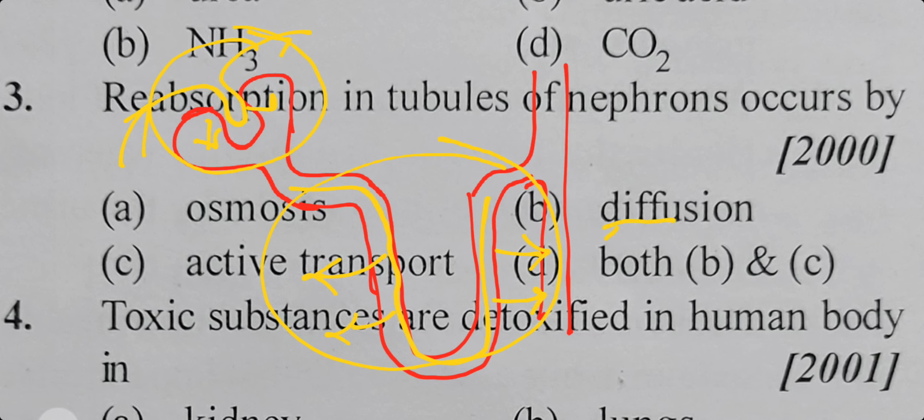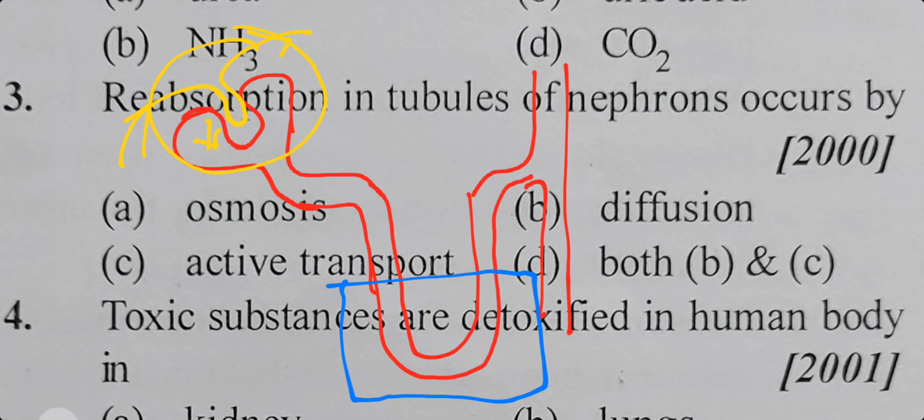When diffusion takes place, molecules move from higher concentration to lower concentration, that is simple diffusion, through a semi permeable membrane. But in case of active transport, what happens? At the lower tubular region, that is Henle's loop, the movement of molecules will be in the opposite direction, from lower concentration to higher concentration, that is against the concentration gradient.